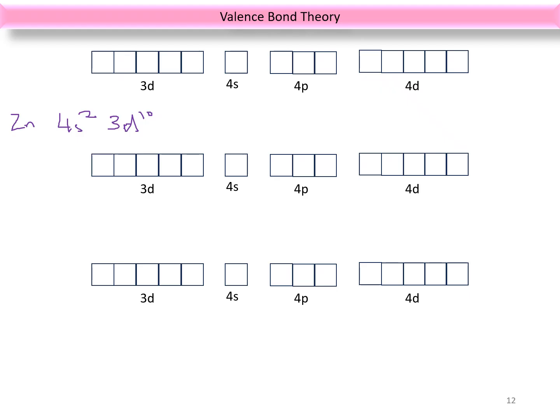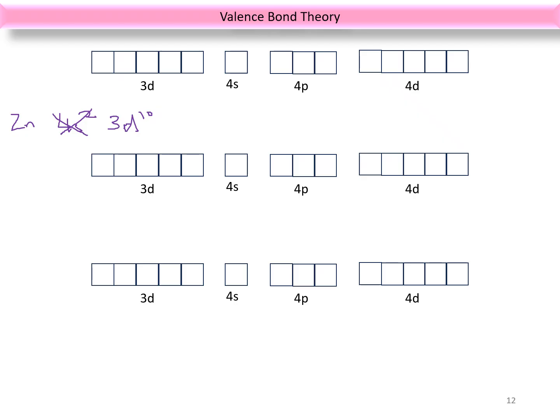Zinc 2 plus will remove 2 electrons from 4s, leaving 10 electrons in the 3d orbital. That is the wrong way to fill in.